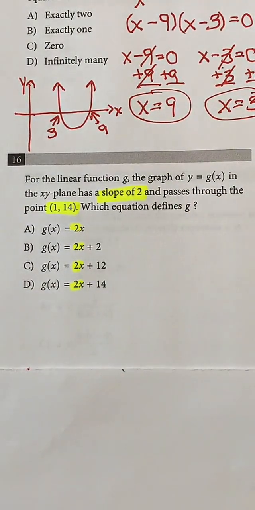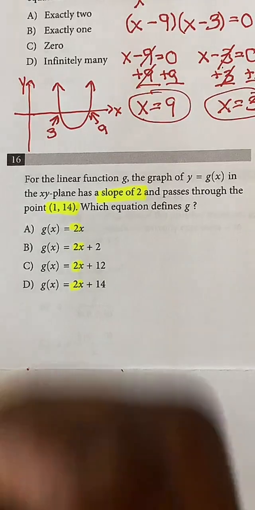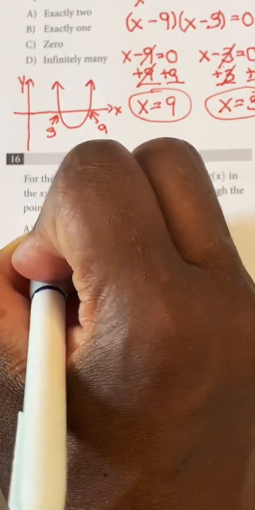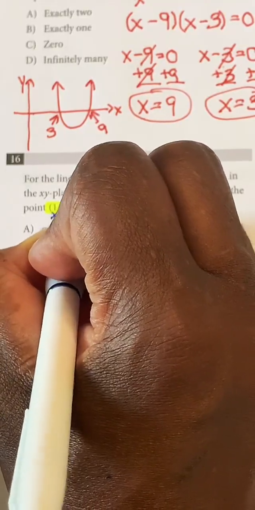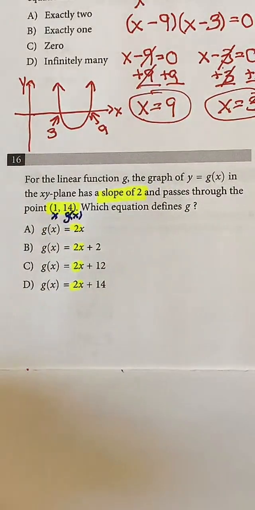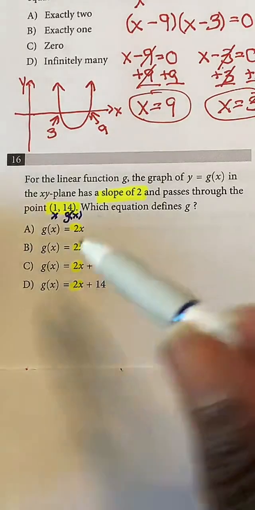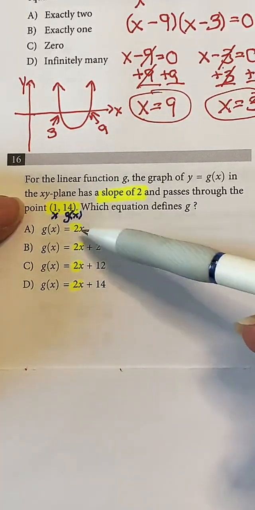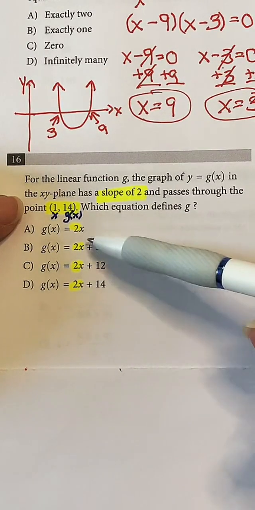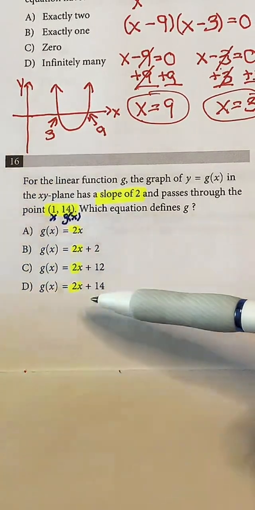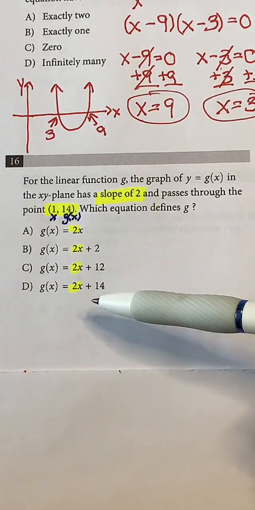So that 1 is my x, the 14 is my g of x, aka my y. So if I plug that 1 in for the x's, it's like saying which one of those equations is going to give me a 14 as a result.